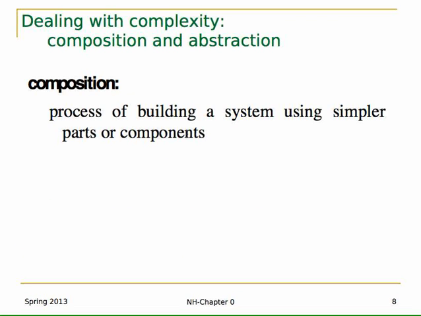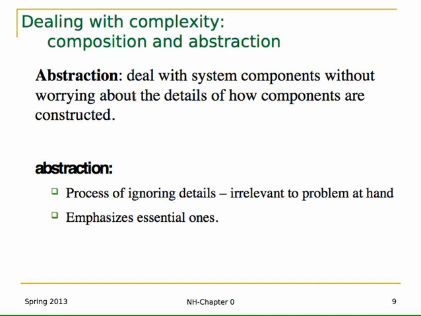And later on we'll get into using classes where each data member could be a class, which itself will contain many data members. So this is something that we'll keep building on through the rest of the semester. We'll build up a system using simpler parts or components. The other part of dealing with complexity is abstraction.